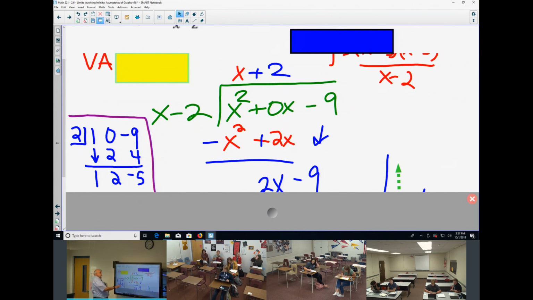So the last number is the remainder, so you ignore that. And so then you have 2, and then this is your coefficient of x. So it's still y equals x plus 2. We get the same answer, and just ignore the remainder for the oblique asymptote.